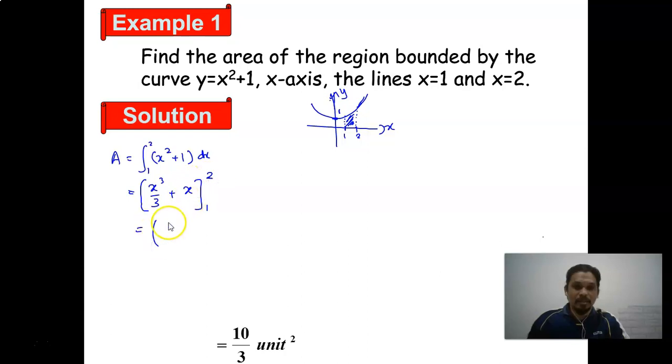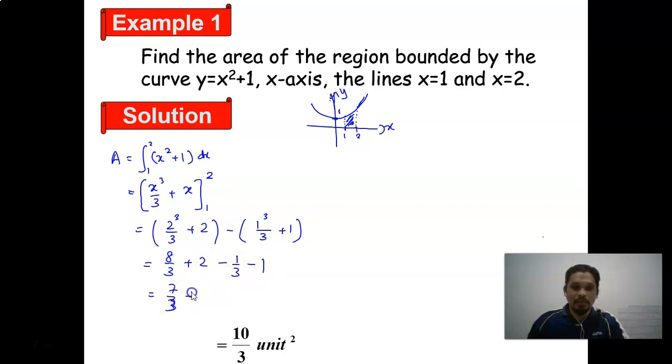So 2 cubed divided by 3 plus 2, minus 1 to the power of 3 divided by 3 plus 1. 2 cubed equals 8 over 3 plus 2, minus 1 over 3 and minus 1. 8 over 3 minus 1 over 3 is 7 over 3. 2 minus 1 equals 1, which is 3 over 3.